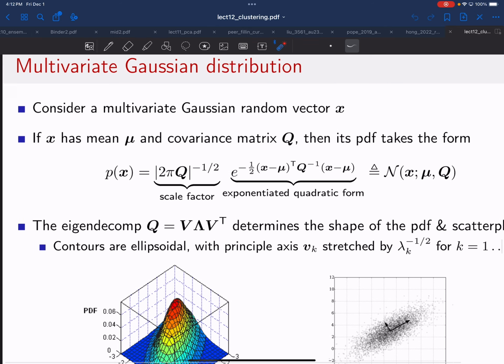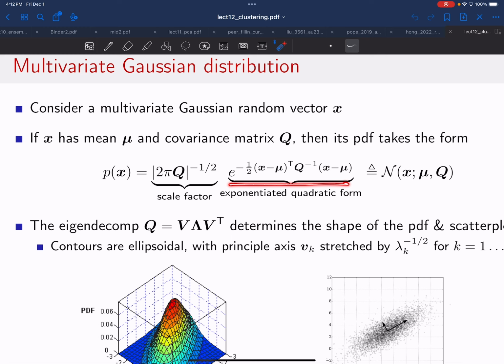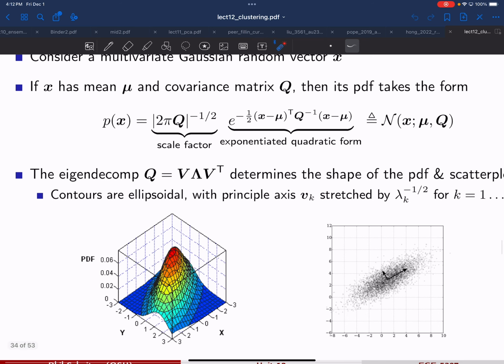You have an exponential part where you have a mean vector, you have a covariance matrix Q that gets inverted, and here you have a scale factor where you take the determinant of that matrix and so on. So this is just a multivariable generalization of the scalar Gaussian that we've worked with a lot. And so this is parameterized, like I said, by a mean vector and covariance matrix Q.